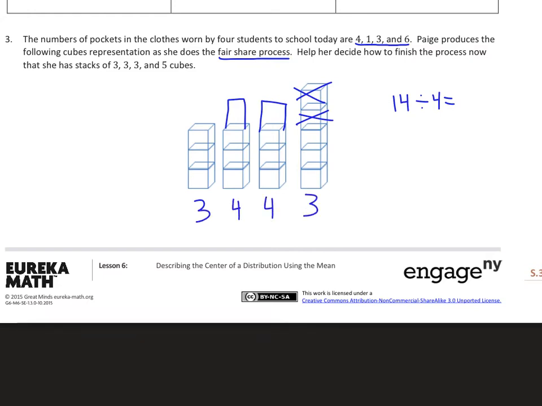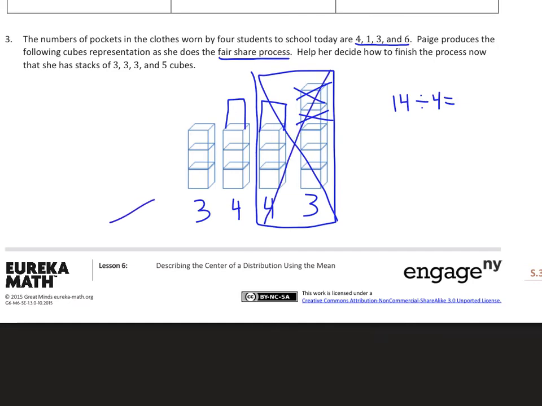And because this data is evenly split, we can kind of take this group and imagine it doesn't really exist because it's equally represented over here. So now we're just looking at the comparison between 3 and 4 because we have 2 3s and 2 4s. It's the same as just 1 3 and 1 4 in our comparison. So when I look at the comparison of 4 and 3, what would I have to do to make those even?